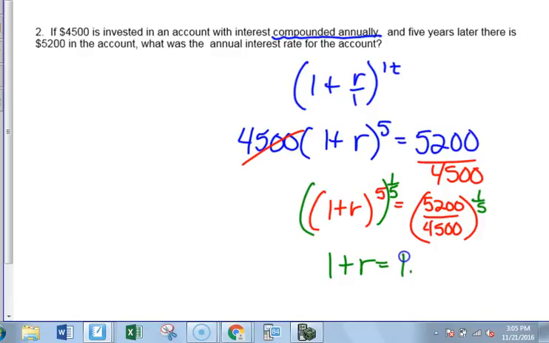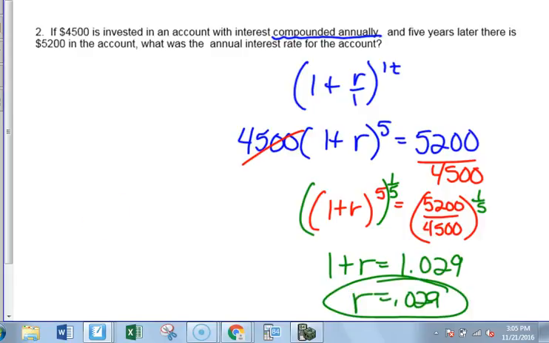Okay, so this is 1.029. We subtract 1, we get 0.029, and you could leave it like that, or you could move it over twice and tell me that that was 2.9%. We good? Seen that kind, done that kind, we're all over that.